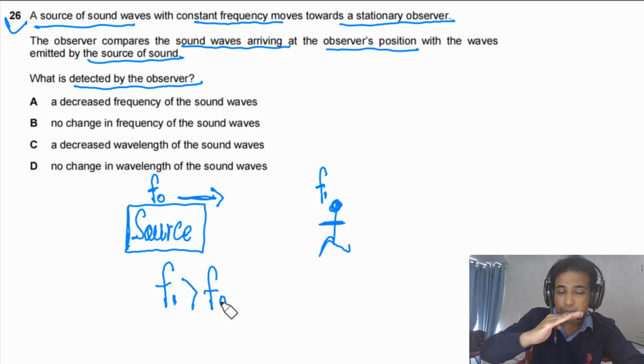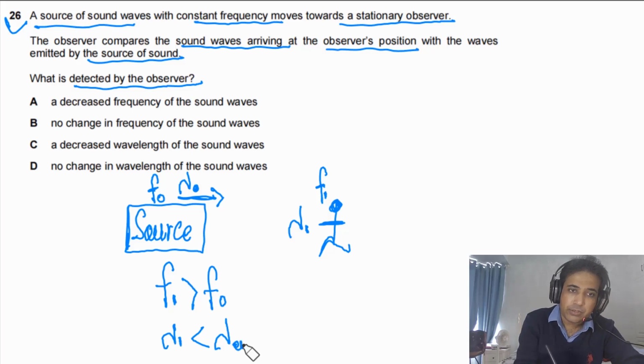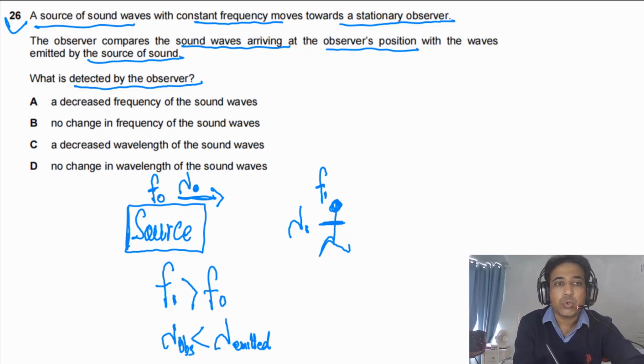The speed of sound is same in the same medium for the same type of waves. So if speed is same and frequency increases, the observed wavelength, lambda 1, compared to lambda naught, the emitted one, has to be shorter than lambda emitted by the sound.